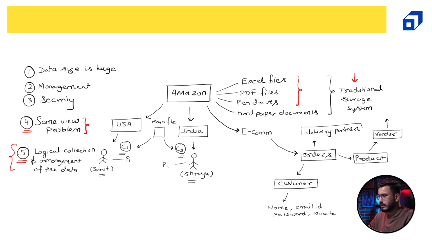Now here you can see that we are creating a mesh, a network where each data point is connected to another data point. If I try to preserve the data in this format using Excel files, PDF files, or pen drives, I would certainly not be able to do it. The reason is we do not have any mechanism which can let us preserve the data in this kind of format. And that is what the fifth problem is: logical collection and arrangement of the data.